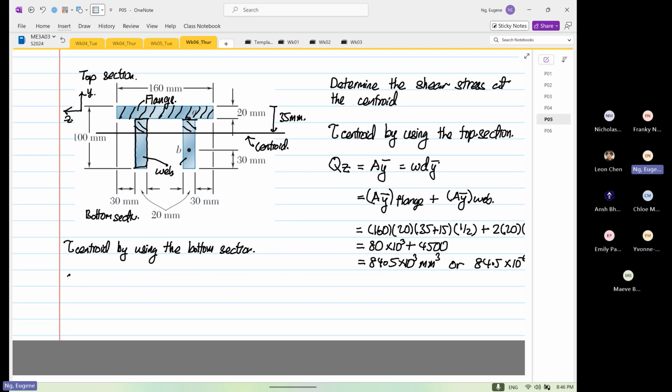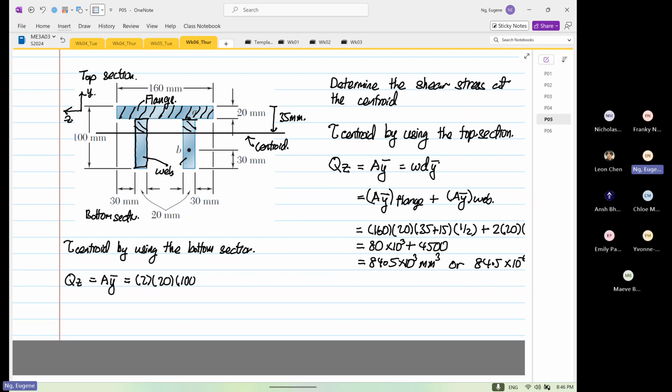Okay, so Qz is equal to a y bar, right? So the area, we have two areas, left and right. The width is 20. The depth is 100 minus 35, right?